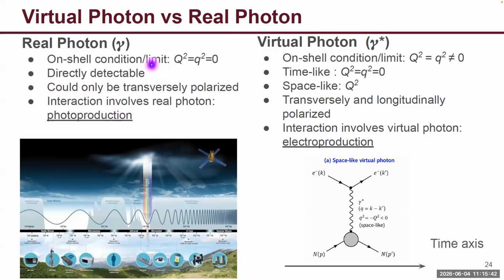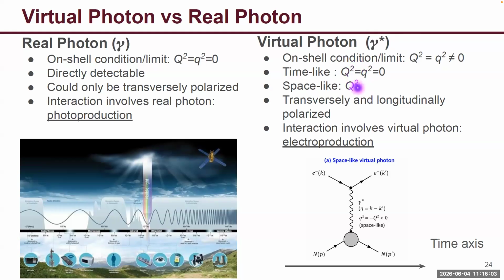And then, of course, for the virtual photon, the virtuality, or you could say the mass of this photon, is non-zero. It can be a space-like virtual photon or time-like. I hope you all know that. If you don't, that's okay. If this is the first time you hear it, that's okay.